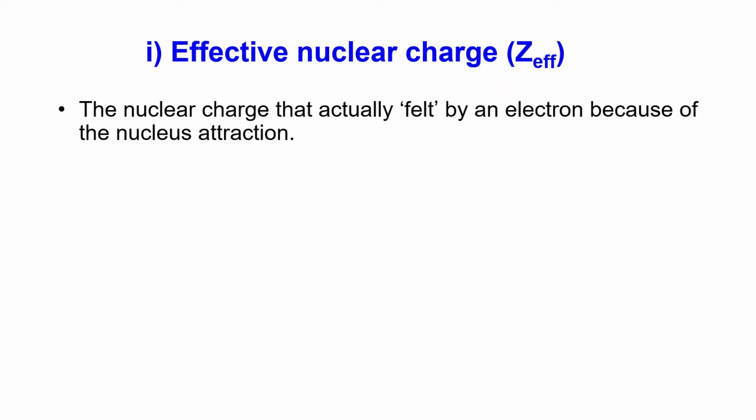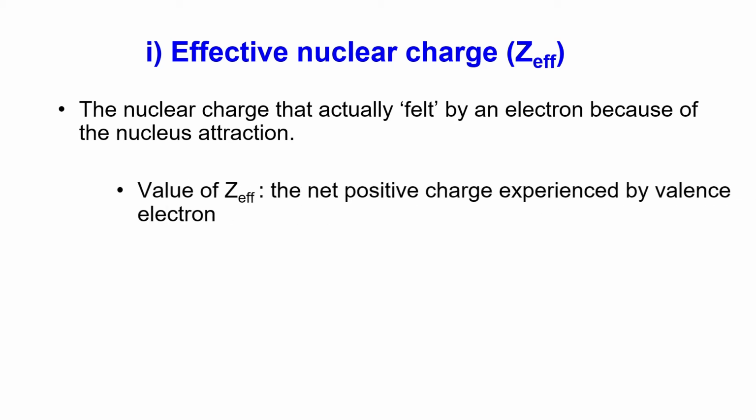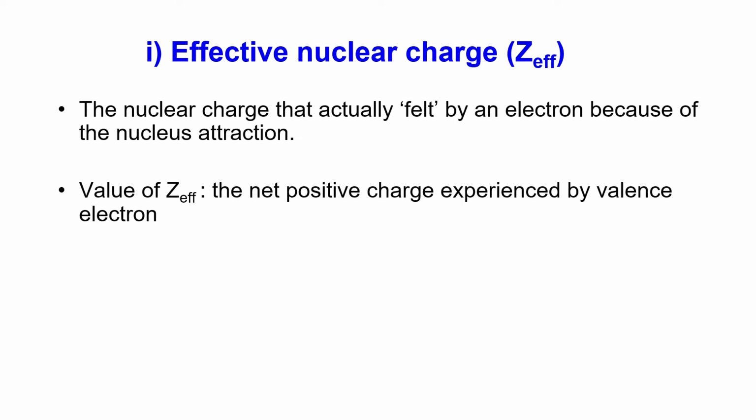And then the effective nuclear charge. Effective nuclear charge is the nuclear charge that is actually felt by an electron because of the nucleus attraction, disebabkan oleh tarikan nukleus. The value of ZEFF is the net positive charge experienced by a valence electron.